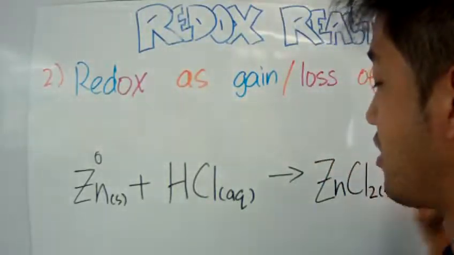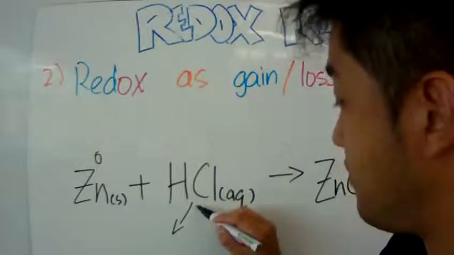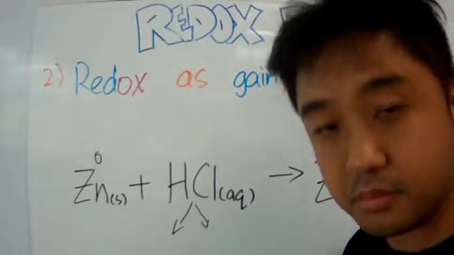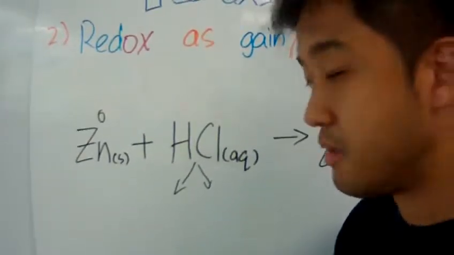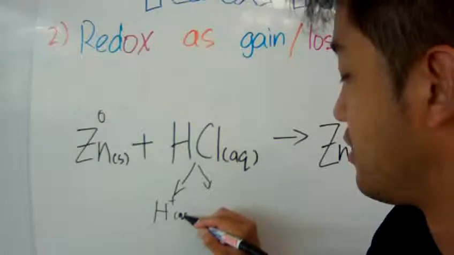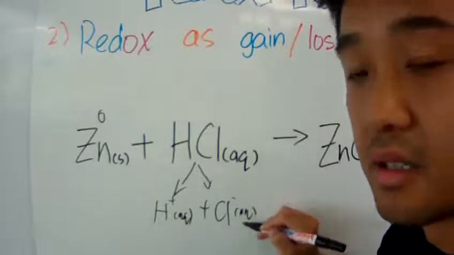Now, hydrochloric acid, right? When you dissolve it in water, it breaks down into a hydrogen ion and a chlorine ion. All right?